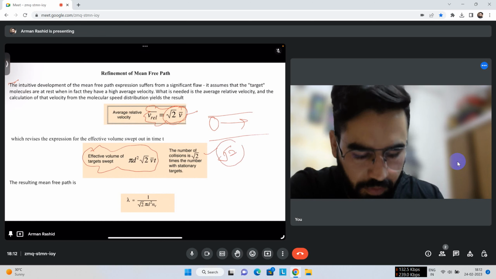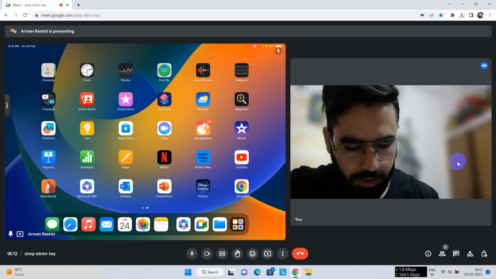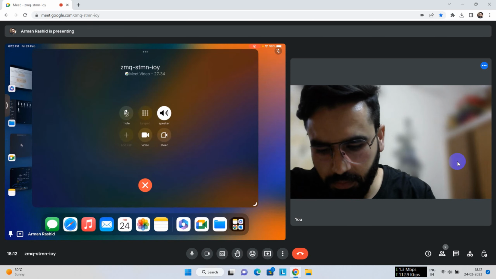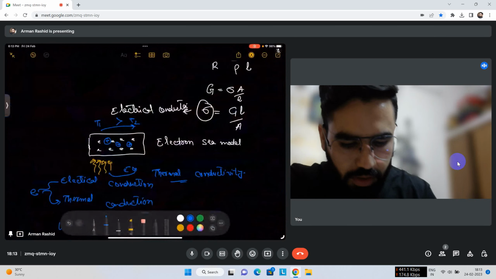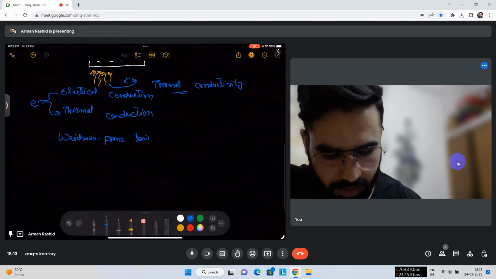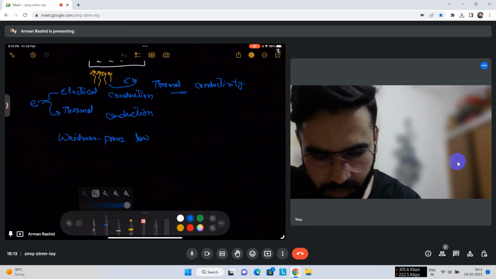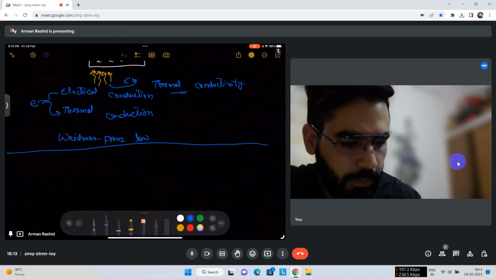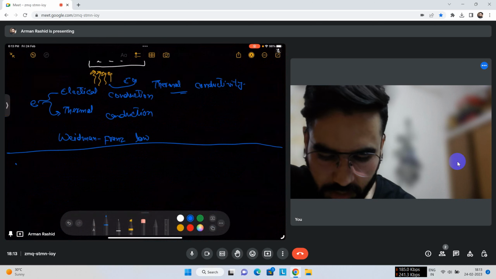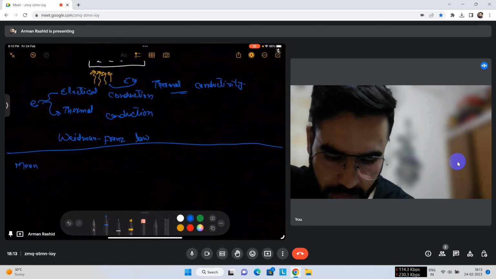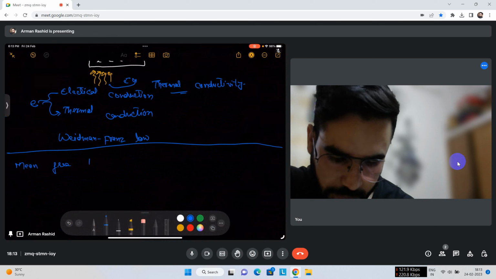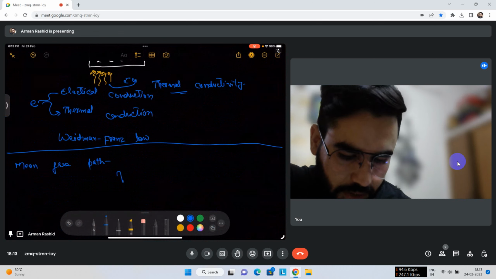So previously, we are writing the mean free path, which is denoted by lambda.